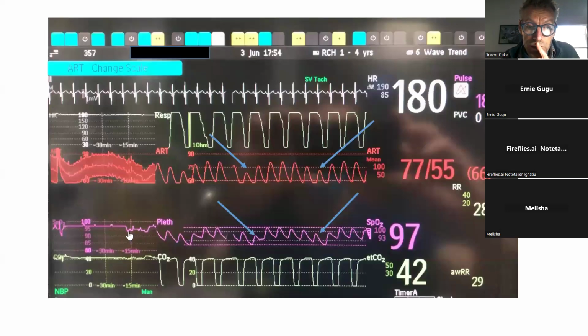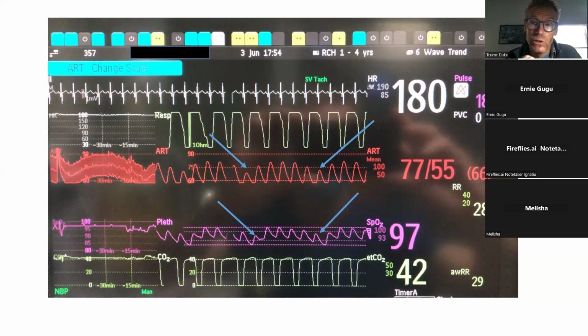I want you to just look at this. We've started to use pediatric monitors in the last year or so, and I want to point out one important thing you can tell from a monitor, and just look at the saturation trace, because we're used to looking at the SpO2, and normally we just look at the number, 97.